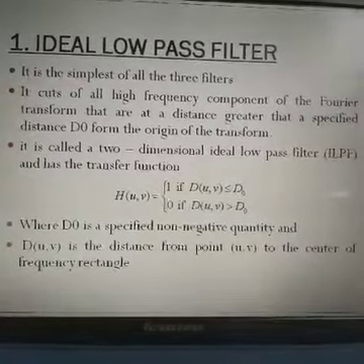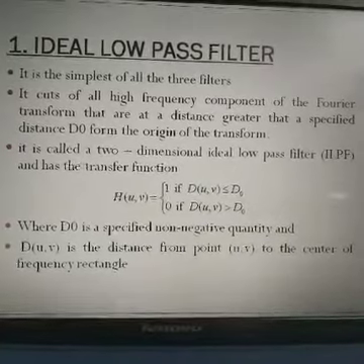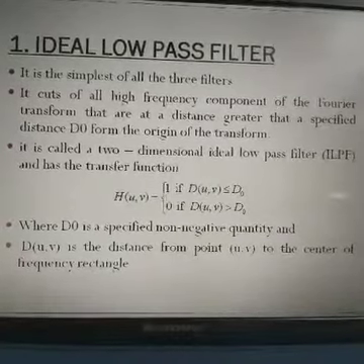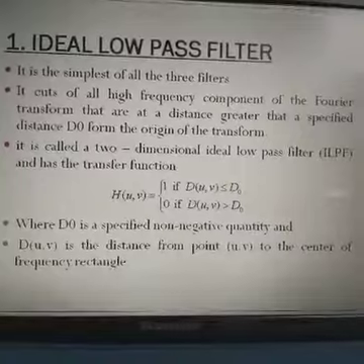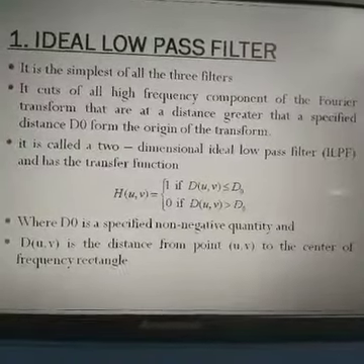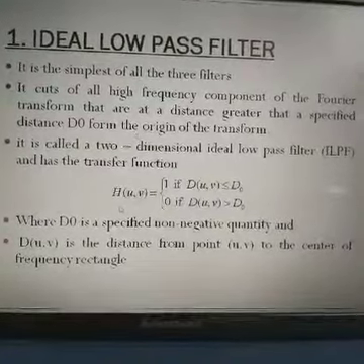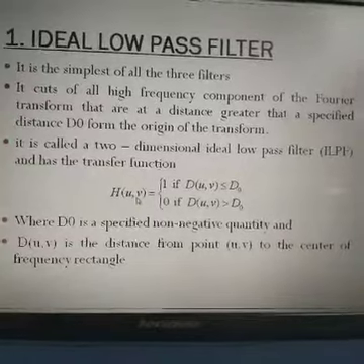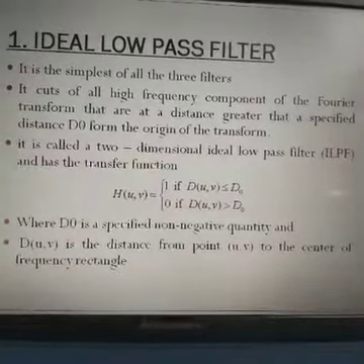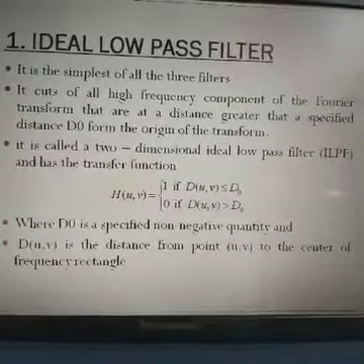It is also called a two-dimensional ideal low-pass filter, that is ILPF, and has a transformation function which is to be used, that is H(u,v). H(u,v) is also represented as the filter function or the transformation function here.